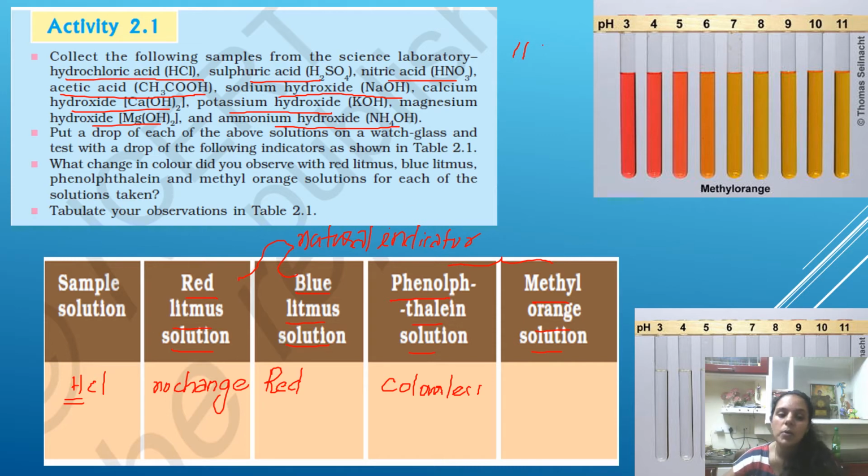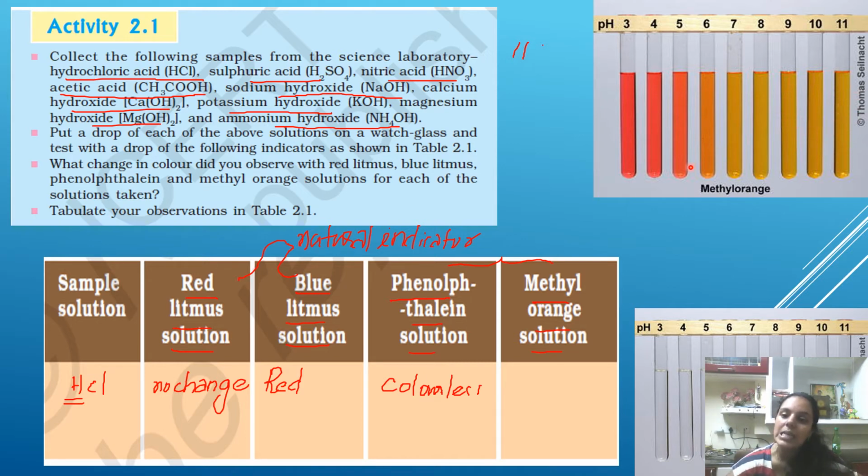At the same time, I'm going to add some methyl orange solution to hydrochloric acid. You can see here, this is the color change of methyl orange. In acidic condition, it exhibits a red orange color shade, and in the basic condition you can see a yellow colored solution.